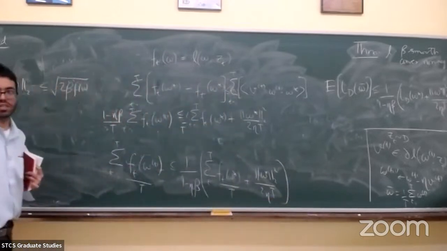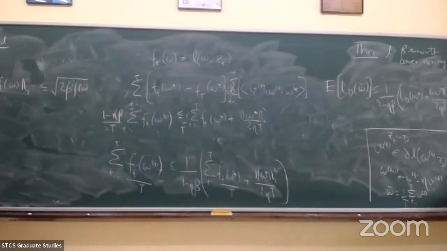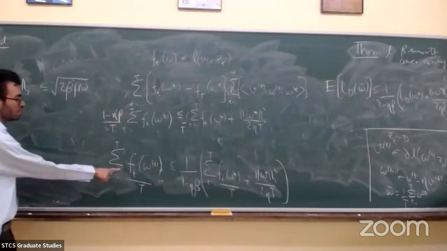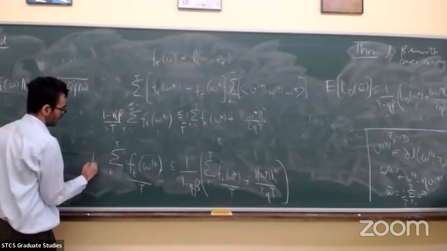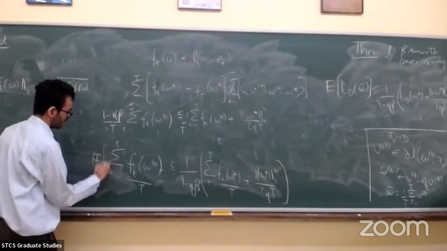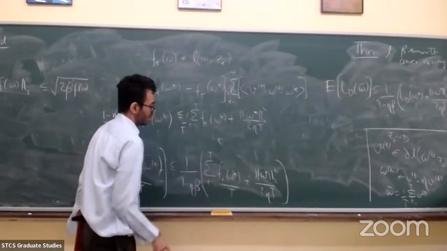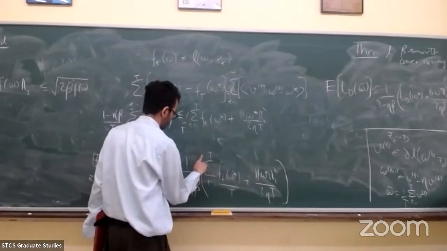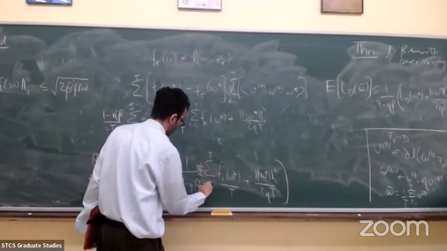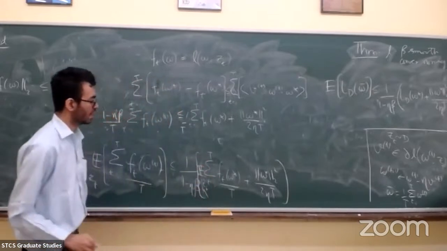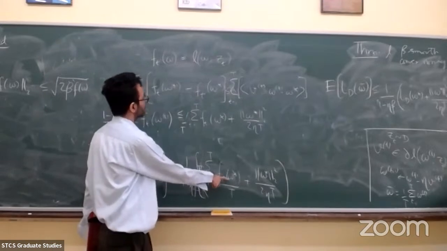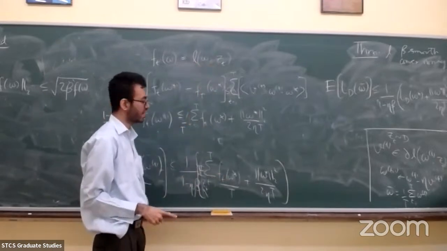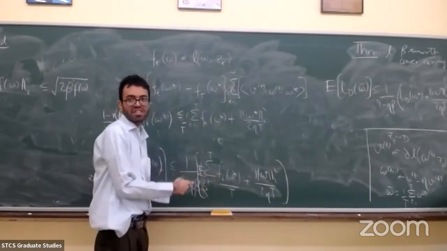Okay, so rearranging. Finally I need to relate this back to my desired quantity. So take expectation over the ZTs. By the same argument as before, the expectation over ZT of the sum of these FT at W stars, the loss at ZT, is just your true loss over the distribution.